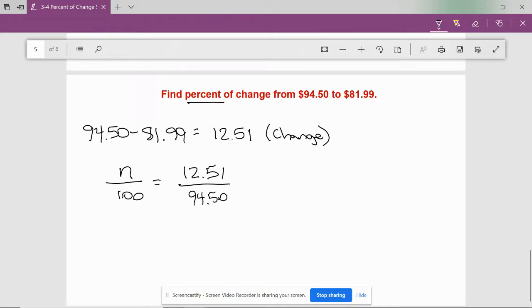When we do our cross multiplying, we should have 94.50n is equal to 1,251, which is 12.51 times 100. We're going to go ahead and divide by 94.50.